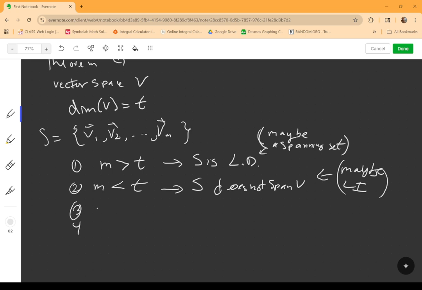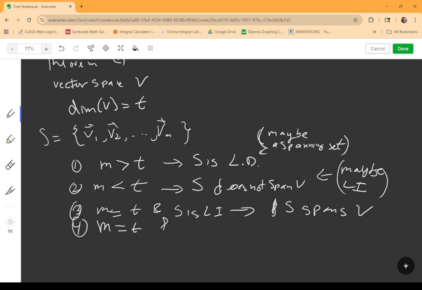Okay. Now, in the other case, we have 3 and 4. So here we have when M is equal to T. And we have two conditions here. M is equal to T and S is linearly independent, then S spans V. And M is equal to T and S spans V, then S is linearly independent.